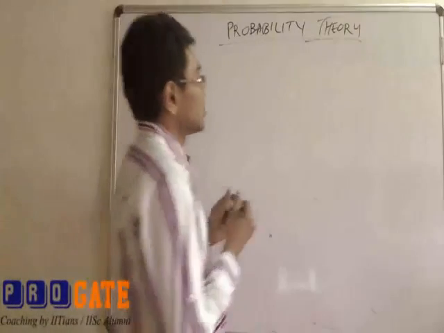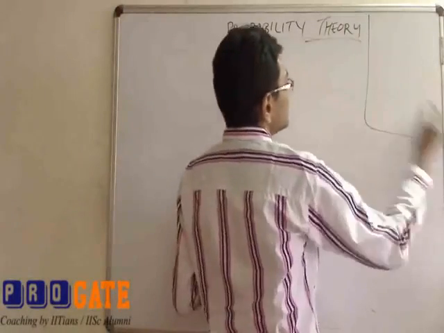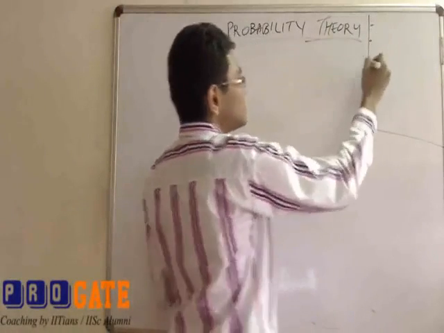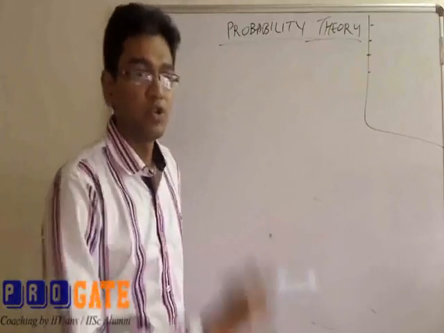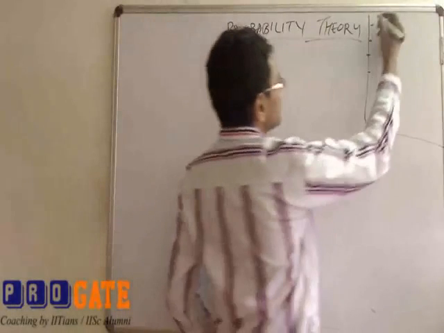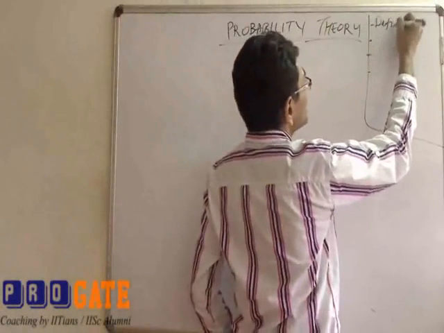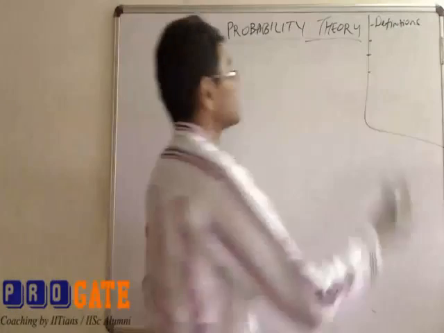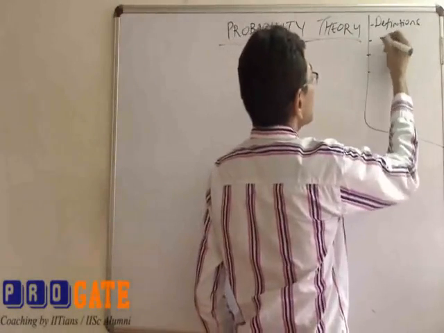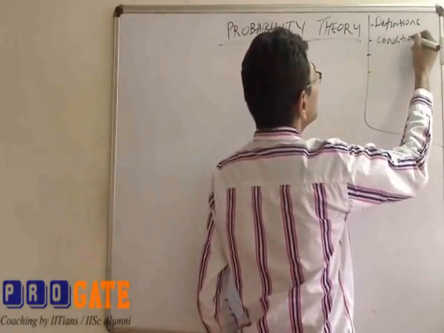Okay. So this probability theory is actually a very important thing. In some sense, it is similar to counting, but there are lots of other topics which you need to understand properly. So we will be looking at many definitions, that is, what is mutually exclusive, mutually exhaustive, independent, and such events. Then we will see conditional probabilities.